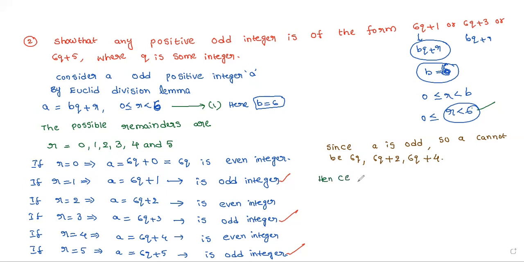Hence, any positive odd integer is of the form 6q plus 1, 6q plus 3 or 6q plus 5. Write down.